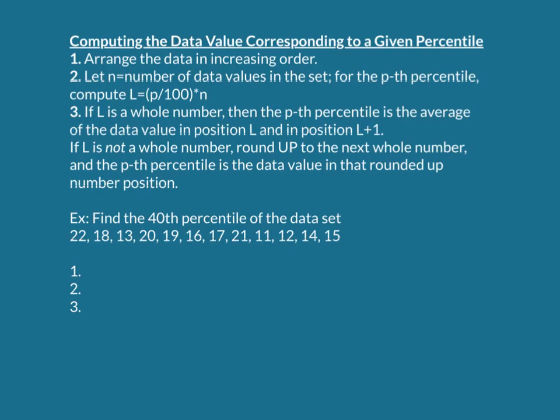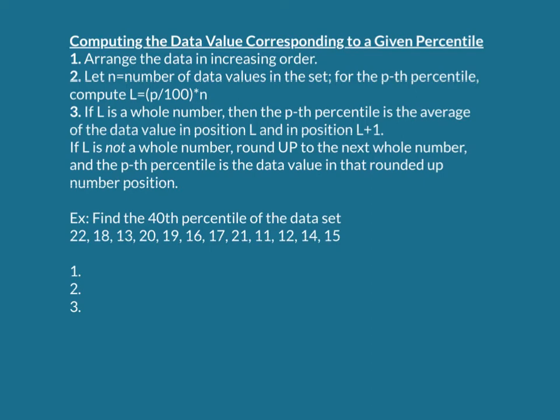If that result is a whole number, then the pth percentile is the average of the data value in position L and in position L plus 1. But if L is not a whole number, we round it up to the next whole number, and the pth percentile is the data value in that rounded up position.